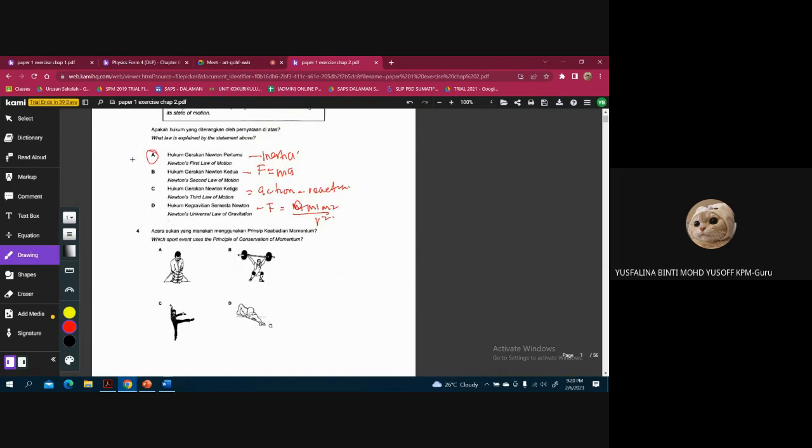Alright, which sport event uses the principle of conservation of momentum? What does the principle of conservation of momentum say? The total momentum before collision is the same as the total momentum after. Why am I stressing the word total? Sometimes they don't put total there.